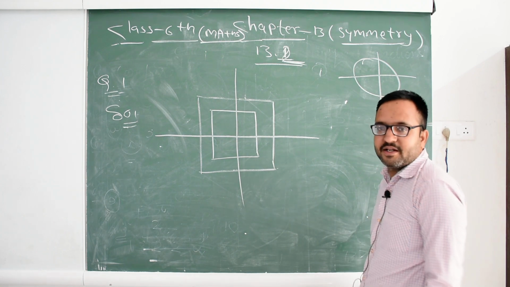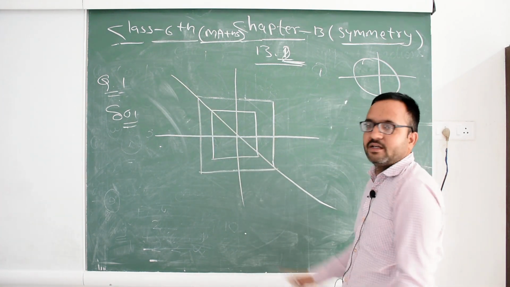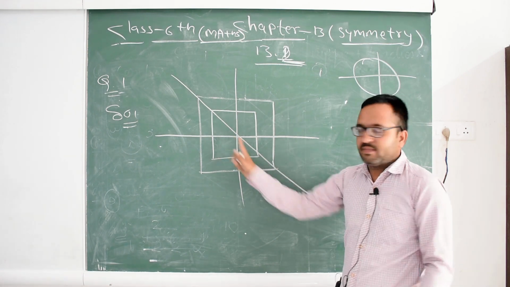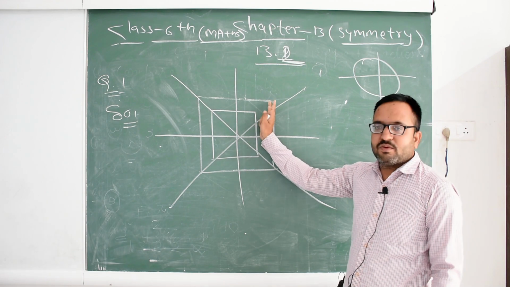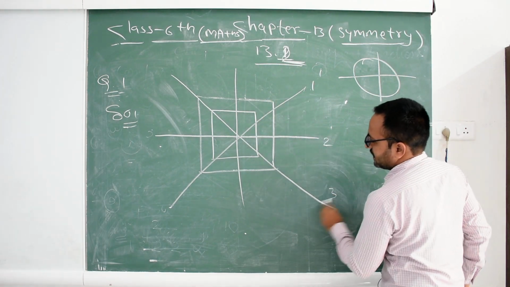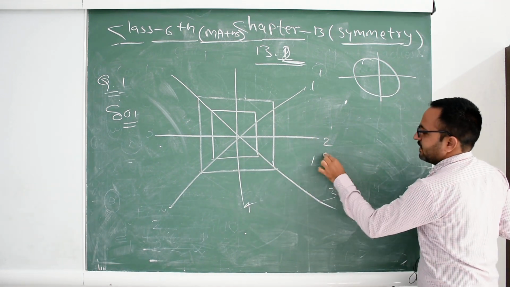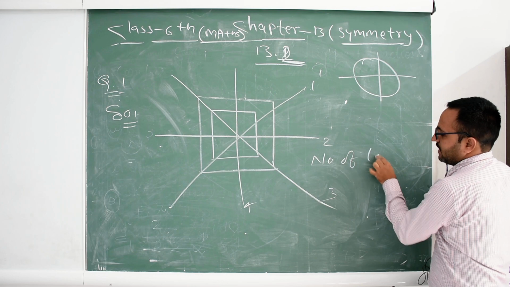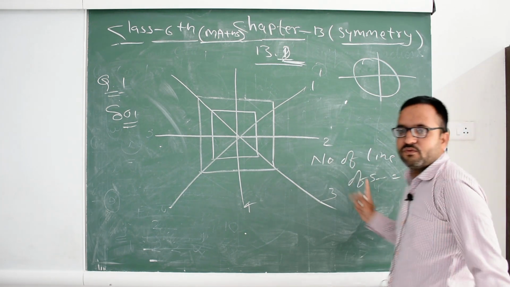Again, this is a line of symmetry, and we also draw the diagonal lines of symmetry. Okay, so in the square pattern we have 1, 2, 3 and 4 lines of symmetry. The number of lines of symmetry is equal to 4.